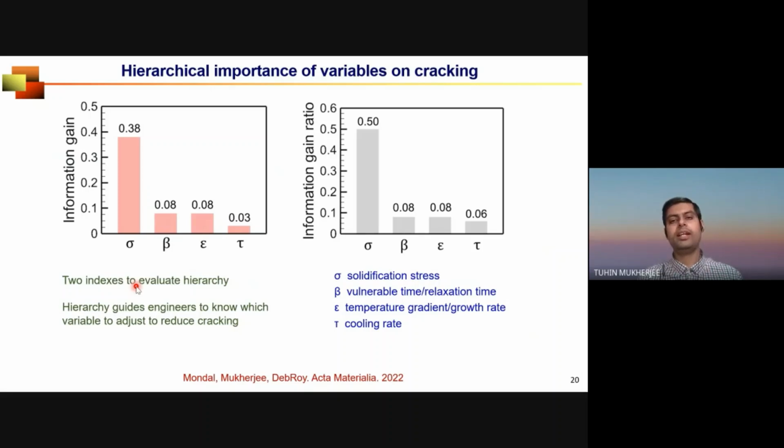Also, this kind of analysis can tell us that among these four variables, solidification stress is the most important variable. So how to reduce stress? Maybe you do preheating to reduce the temperature gradient and the stress to reduce cracking. So in additive manufacturing, many things are interdependent.